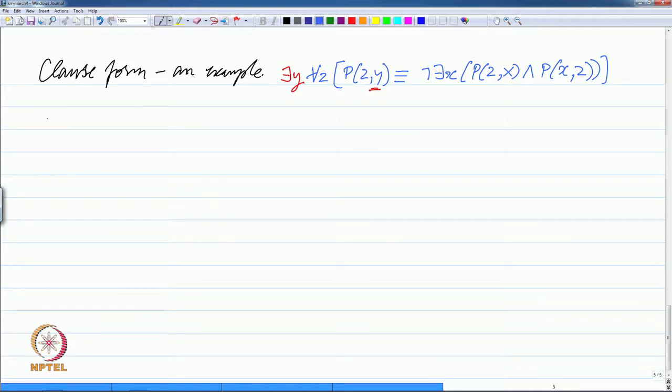So, the first step is to remove the connectives. So, we get there exists y for all z. Now, this equivalence we will break it up into two parts, which is by implication both ways.